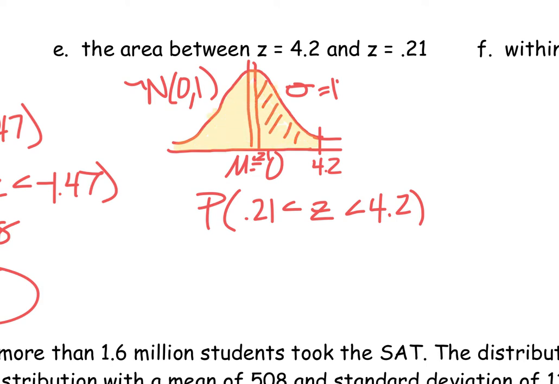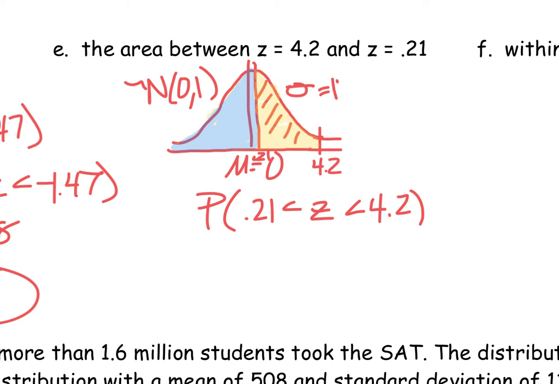But then we want to find 0.21 on the table, which will give us all of this area for 0.21. If we subtract those two, we'll be left with the yellow part, because we're taking the blue part away from the entire yellow part.